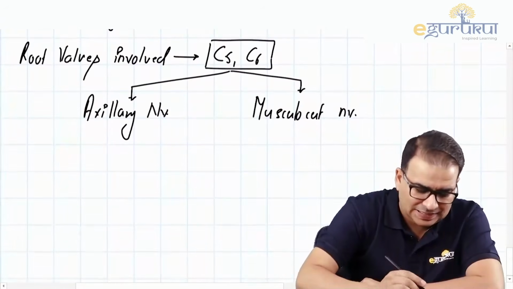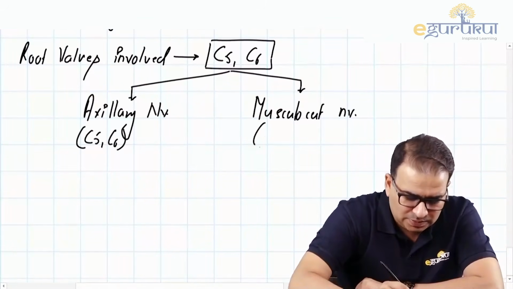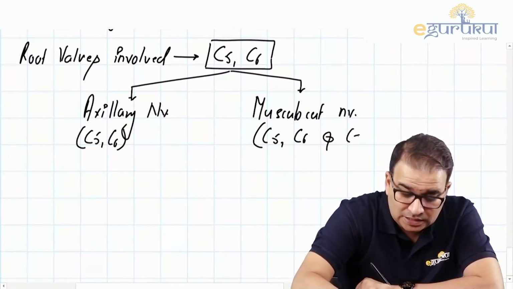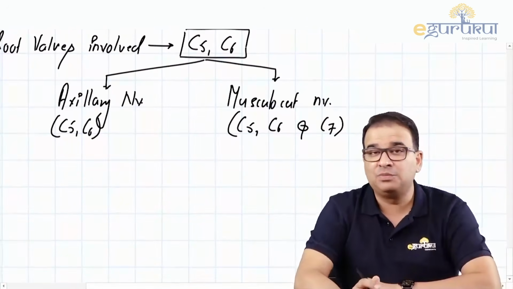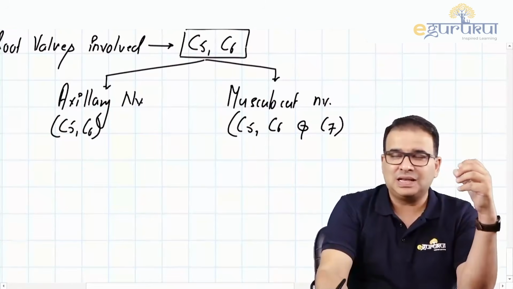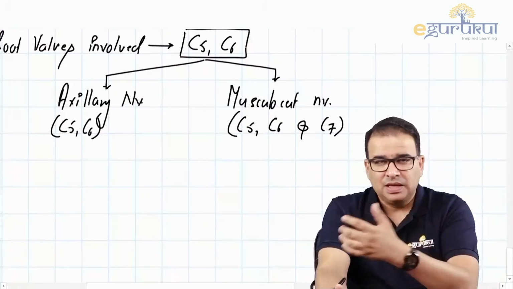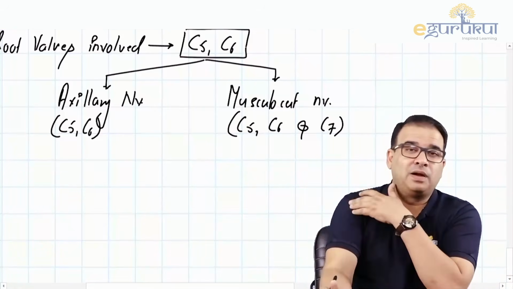The root value for the axillary nerve is C5 and C6 only, whereas musculocutaneous nerve root value is C5, C6 and C7. Now don't be surprised that how come axillary nerve is coming from C5 and C6, because we said axillary nerve is coming from the posterior cord of brachial plexus. Doesn't matter. Even the posterior cord of brachial plexus is receiving the contribution from the upper trunk.